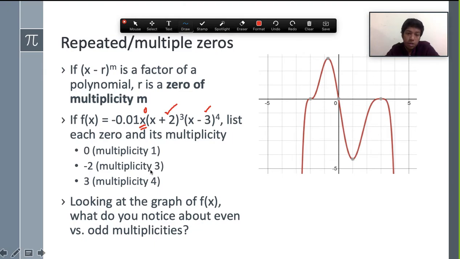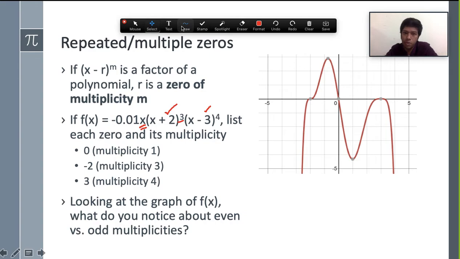All right. So multiplicity. What is the power of x? What is the power of this x plus 2? It is 3. So we will say multiplicity is 3. Oh, this power of x is actually 1. If it is 0, then it becomes 1, so the x term vanishes.